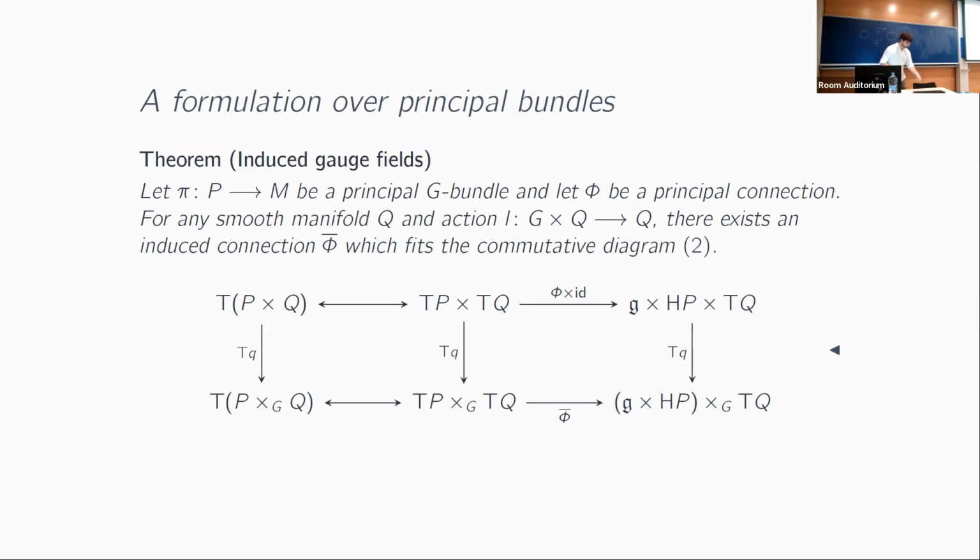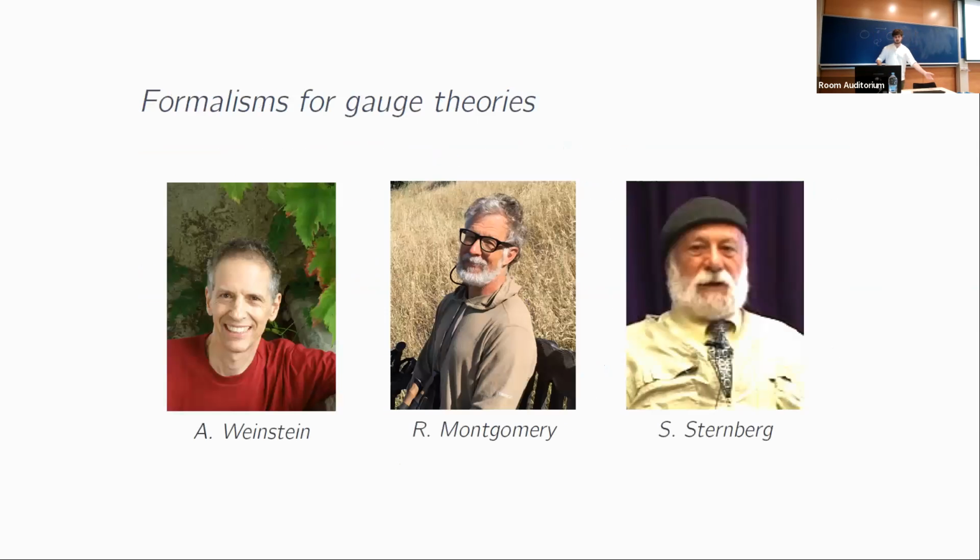And now I have said something about configuration spaces. I have said something about fields, which somehow should imply something about equations of motion. So how does this work? The very first hands-down solution for the problem was given by Alan Weinstein in '78, I believe.